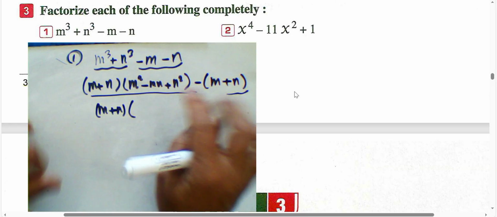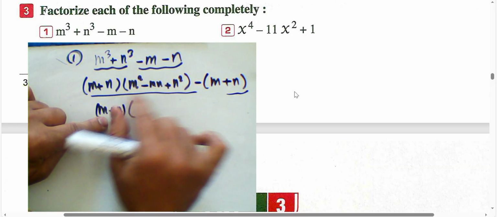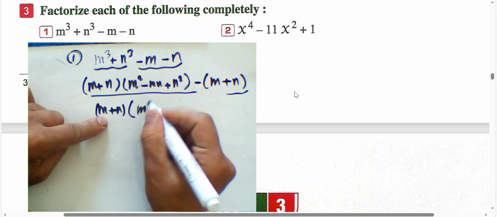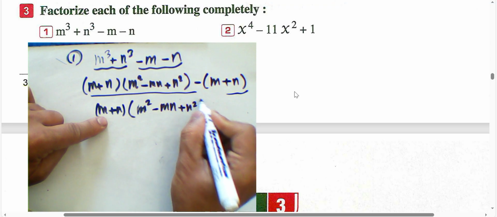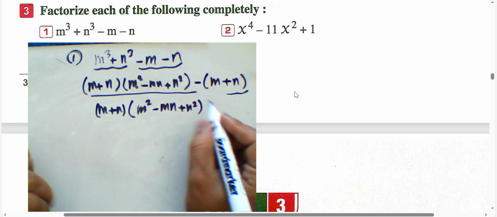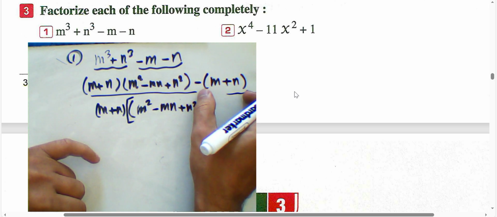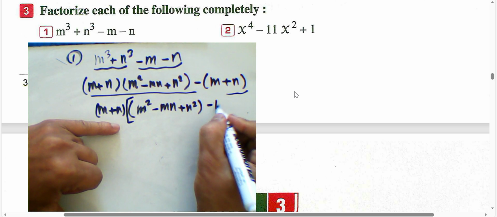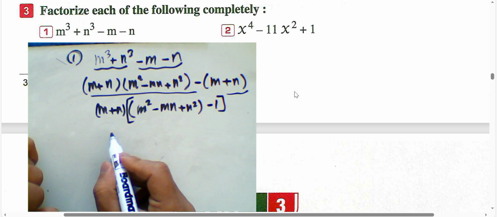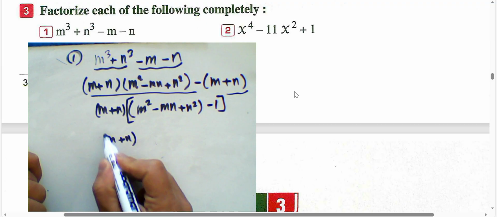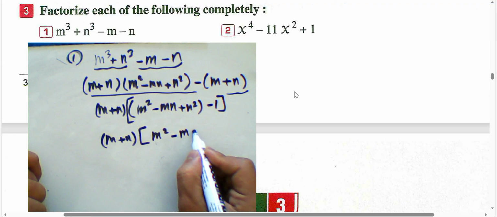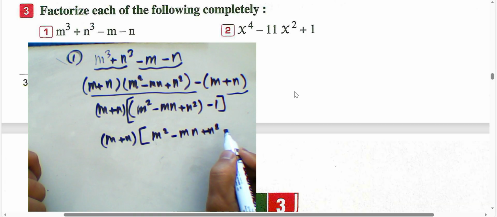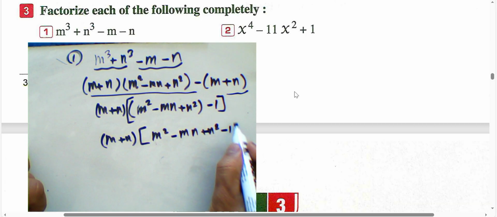The first expression divided by m plus n leaves m power 2 minus mn plus n power 2. And the second expression divided by itself gives 1, with a negative sign. The result will be m plus n times m power 2 minus mn plus n power 2 minus 1.